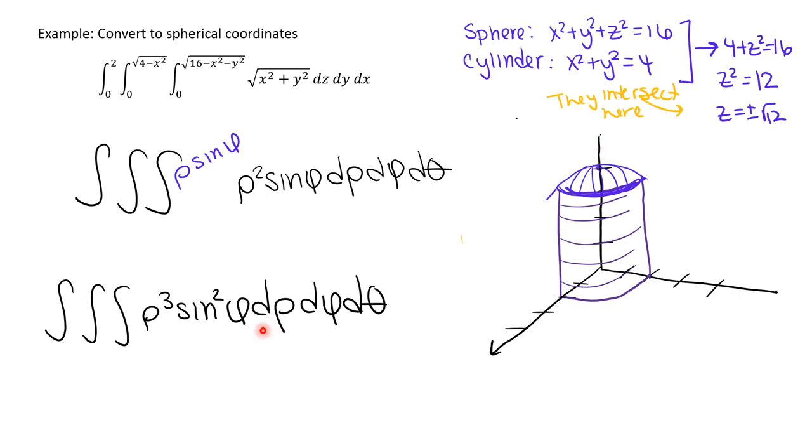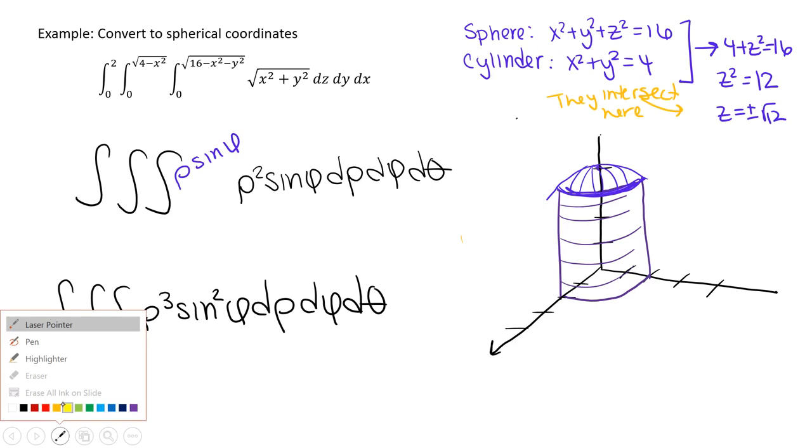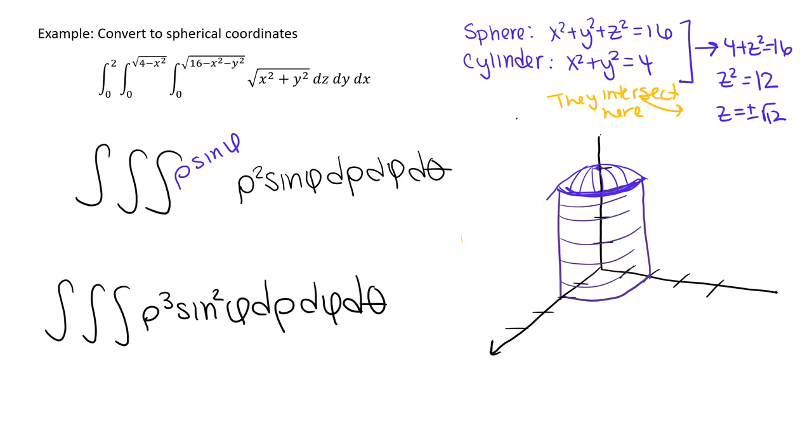And if we start by thinking about rho, again, rho is a distance from the origin. That distance is obtained by either the cylinder or the sphere, depending on where you are in that object.